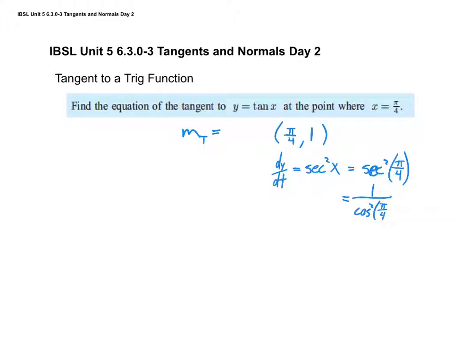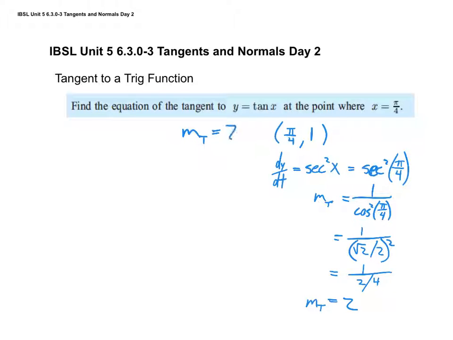What's cosine of pi over 4? Root 2 over 2. And I have to square that, so it's 2 over 4, that's 1 half. And it's 1 over 2 over 4. So 1 over a half is 2. So the slope of the tangent line equals 2.